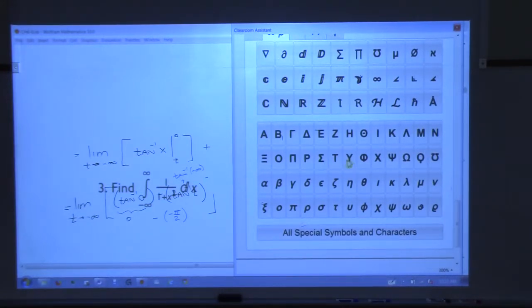Tau. Epsilon, this is lowercase epsilon. Delta. Gamma. Beta. Alpha. What do we use in pre-cal? Theta, right? We're just using Greek letters in math.